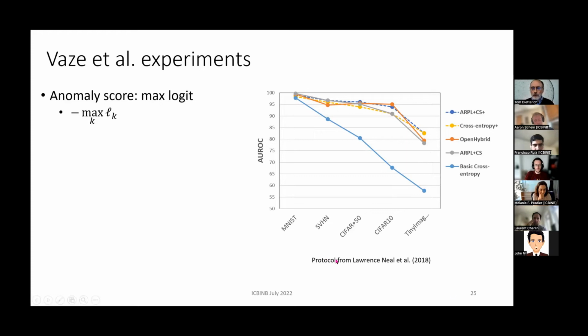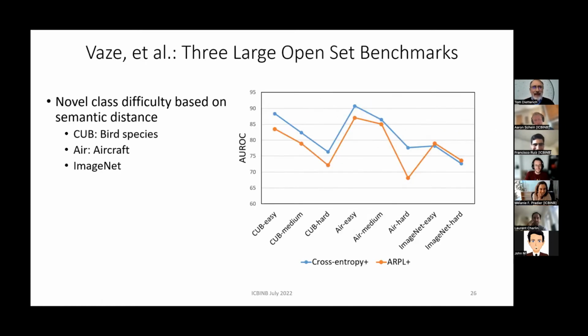And this is all using a protocol developed by one of our students at Oregon State, Lawrence Neal, not to be confused with Neil Lawrence. Vaze et al. also put together some additional benchmarks using the bird data and the fine-grained visual classification with aircraft, and then ImageNet, where you train on ImageNet 1K and then evaluate your anomalies, or out-of-distribution data, coming from some of the other ImageNet classes.